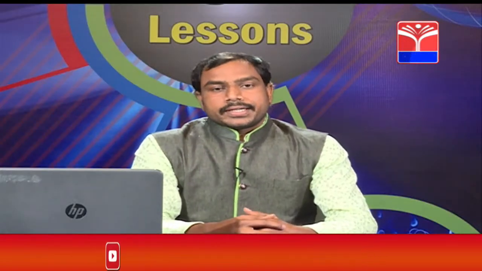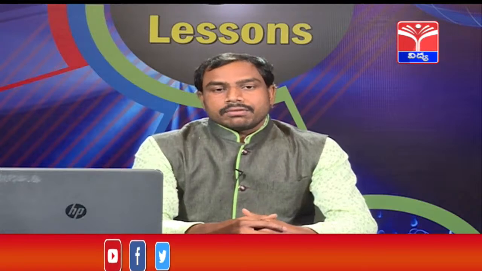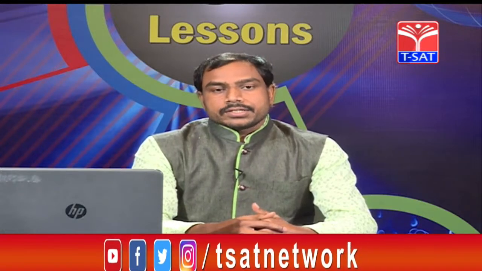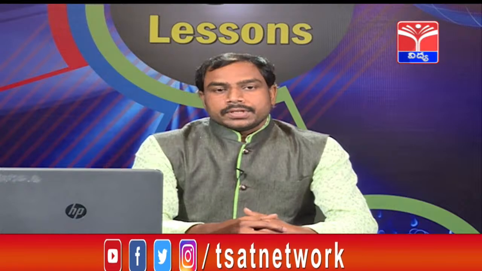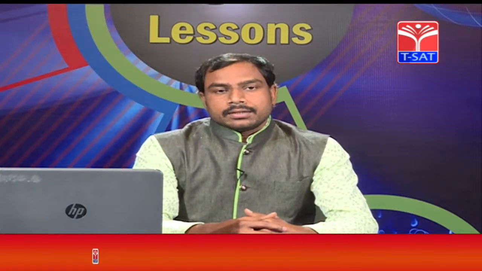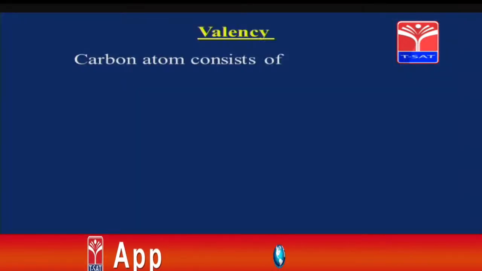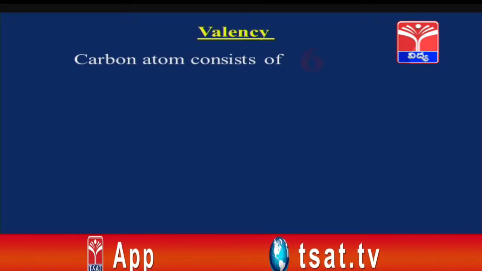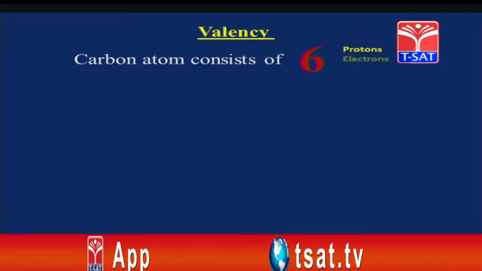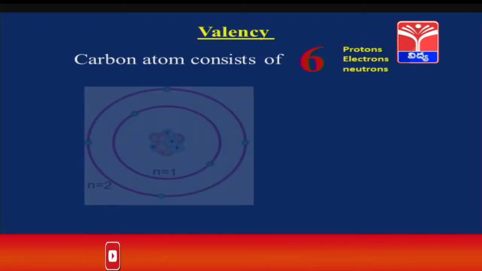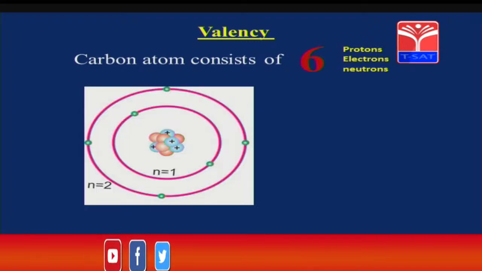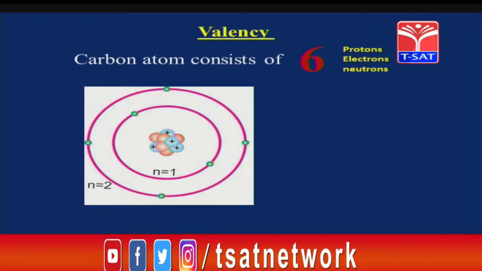Children, after understanding the distribution of electrons in various shells of atom, we will discuss the next topic, valency. Carbon atom consists of 6 protons, 6 electrons, 6 neutrons. In the electron distribution of carbon, around the nucleus 2 shells are present.